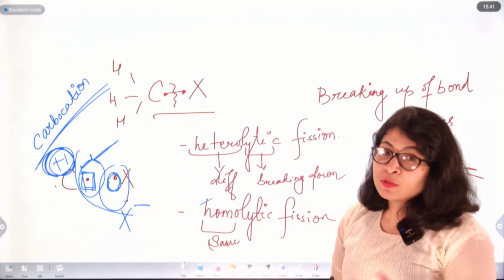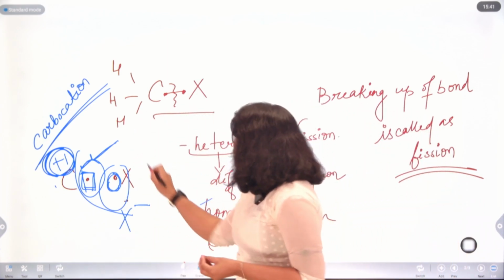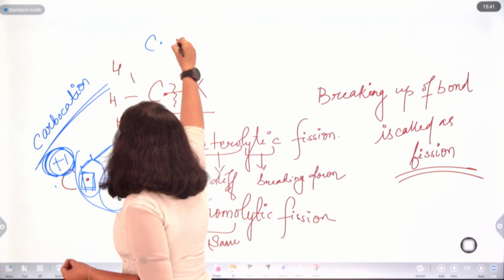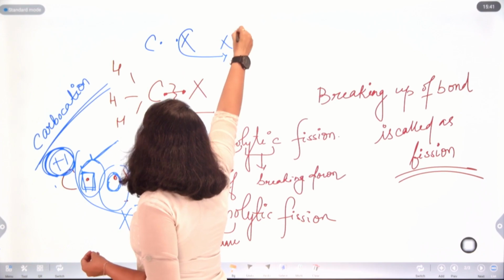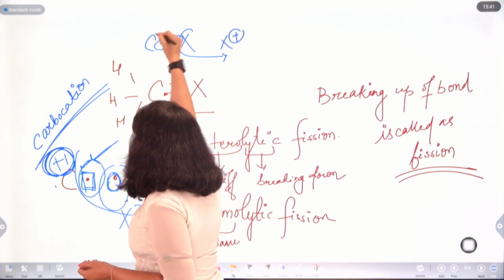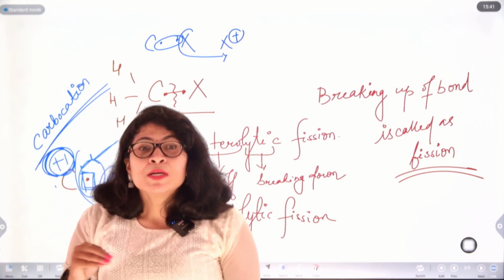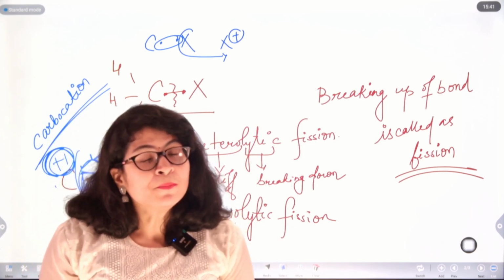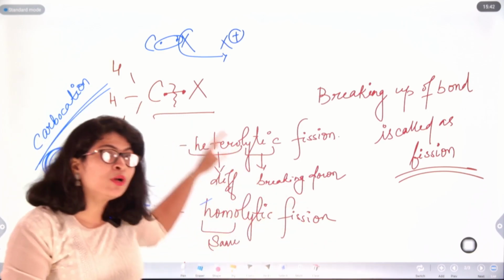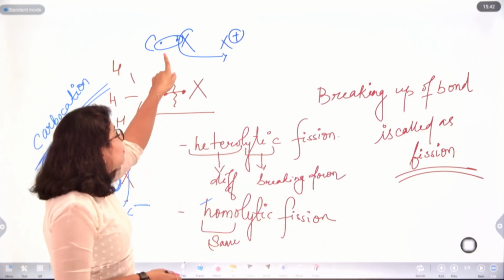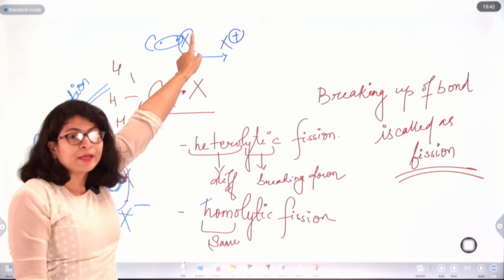Now if the opposite happens, like X is weaker than carbon, X is moving out as X positive and both the electrons are remaining on carbon, then the carbon will acquire a negative charge. But that negative charge will be due to the extra electron given by X, not because of its own pair of electrons.